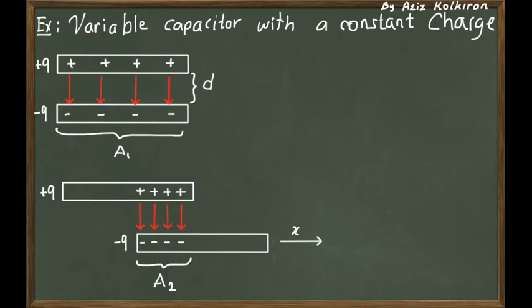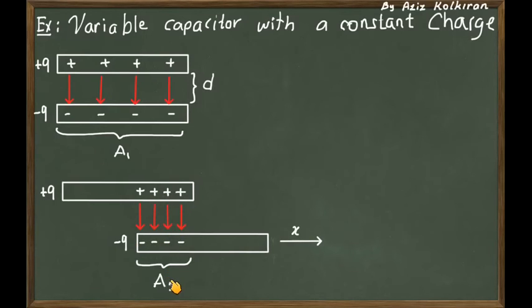So let's call the initial overlapping area, or the total area of one of the plates, A1. You can think of these plates as a square of size L, and let A1 be equal to L squared. And if you move a distance, let's say x, then the overlapping region will reduce to L times (L minus x). If you move the lower plate a distance x, then of course the overlapping region will decrease.